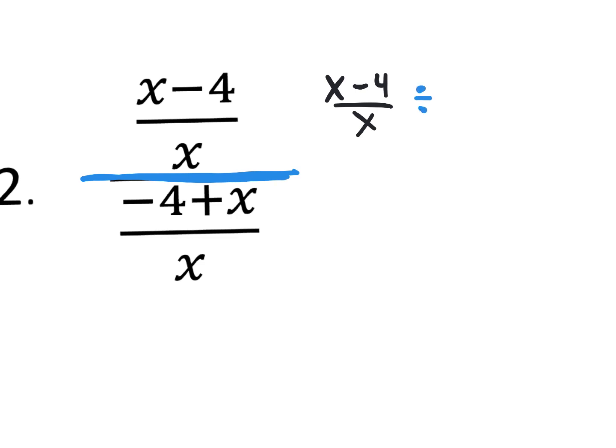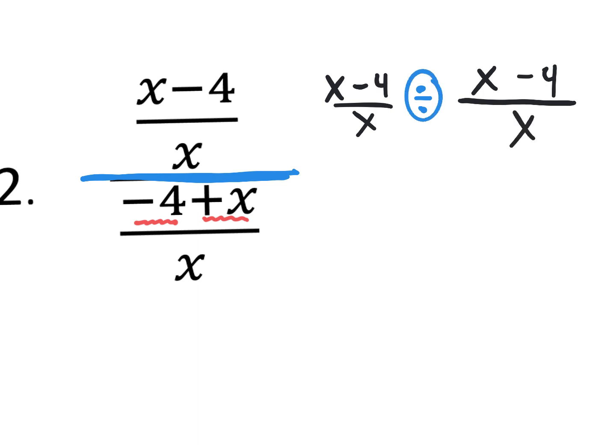And notice that we have a -4 and then a positive x. And usually we like having the x first and the number second. So I'm going to rewrite that numerator as a positive x with a -4. And it is over x, so it's over x.